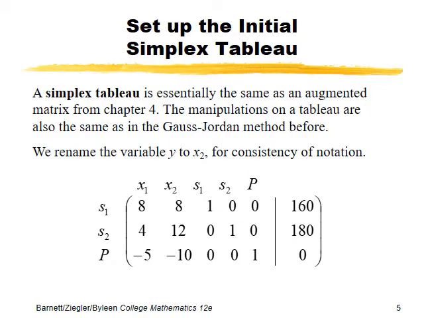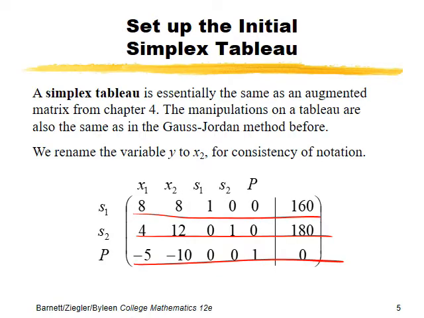Then we write it in a tableau form, the simplex matrix form. This is the first equation, this is the second equation, and this is the objective function P. Here we write all our unknowns, and here we write our basic variables. What are the basic variables? Basic variables are those under which we have 1 and the rest of the elements are 0.